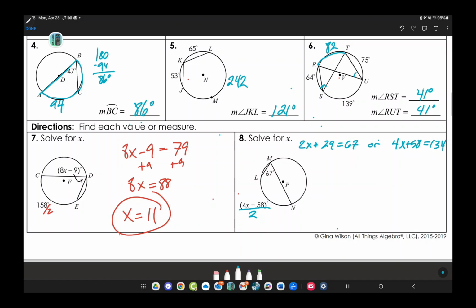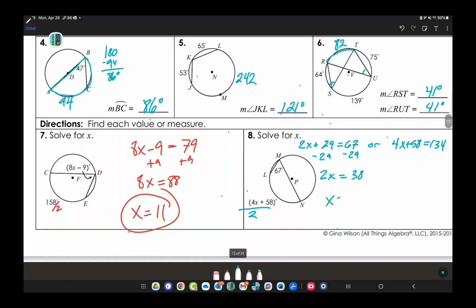The only time I would double the angle measure is if my arc is a non-even number, so I don't want to deal with decimals. Here, subtract 29. 2x equals 38. So x equals 19.